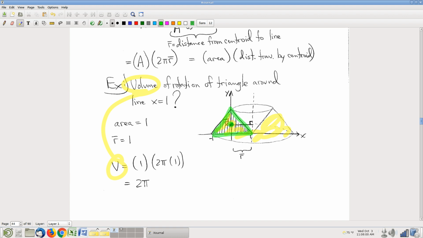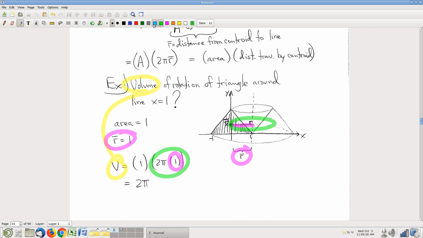This centroid is, I'm going to say, obviously on the y-axis. And so the distance traveled by the centroid, well, let me say it like this. This is the radius of that centroid from the line in question. And so the distance traveled by the centroid is 2 pi times that.